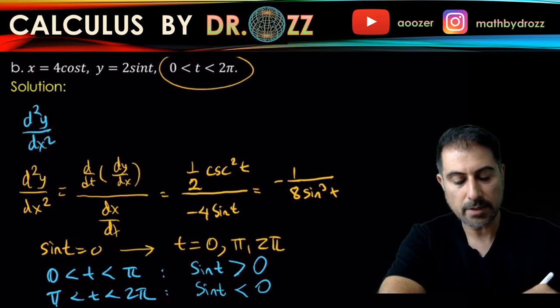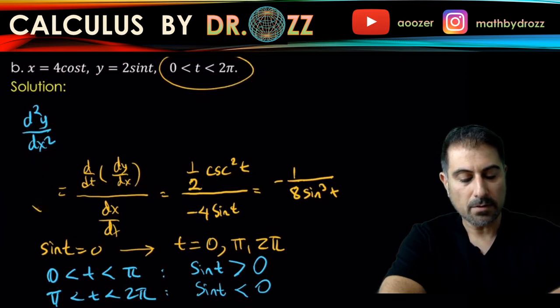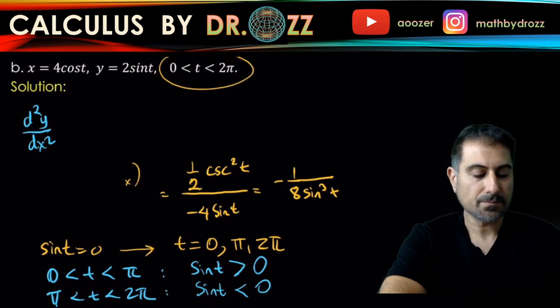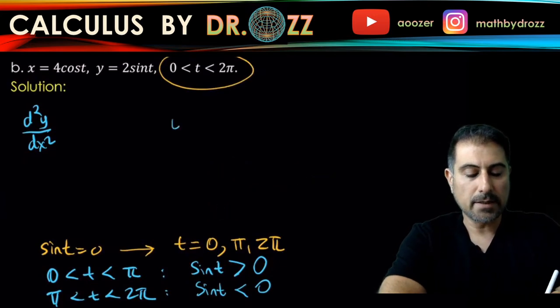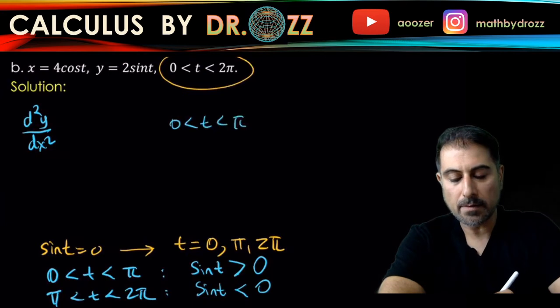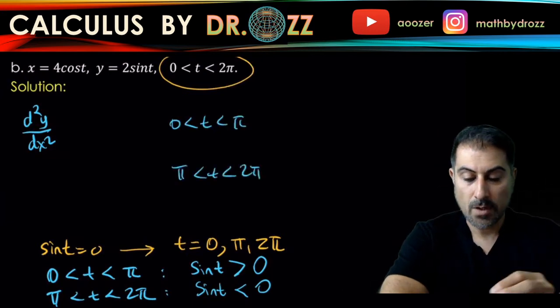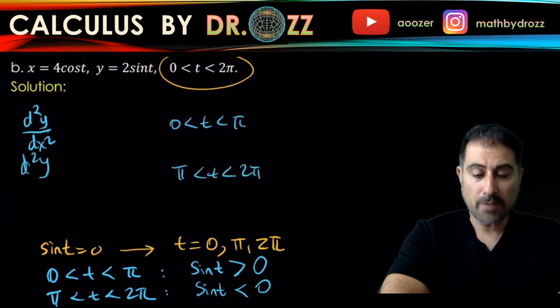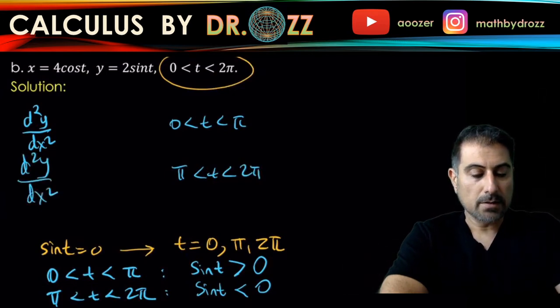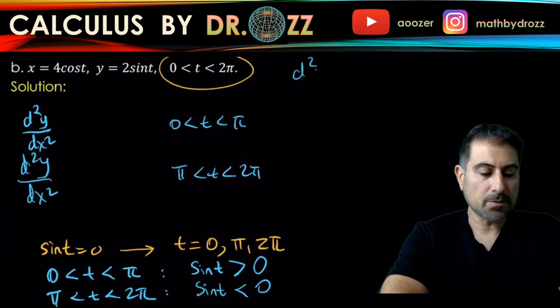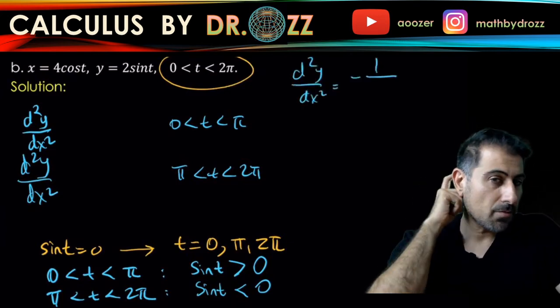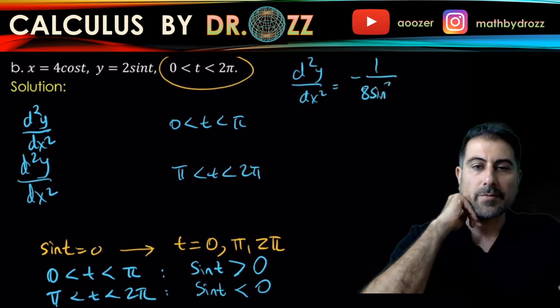On the first interval, 0 to pi, and the second, pi to 2 pi, d squared y over dx squared has the description of negative 1 over 8 sine cubed t.